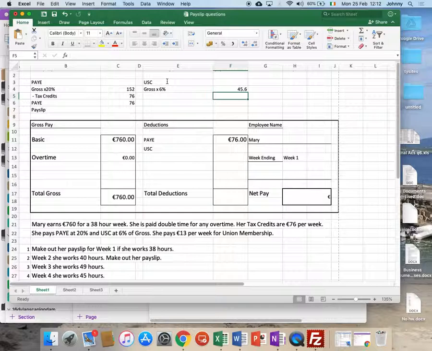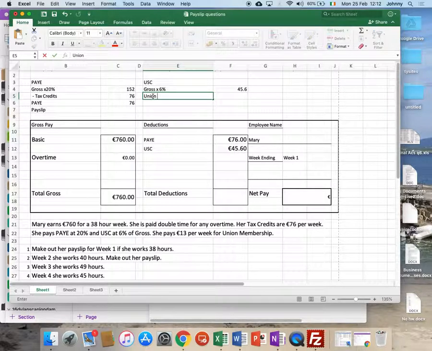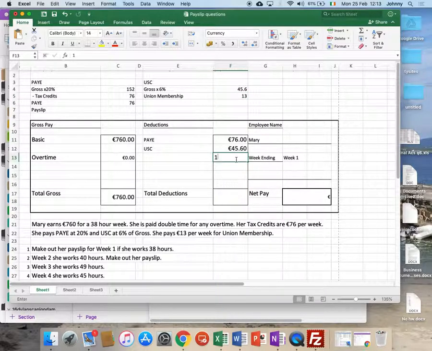Is it okay there? So that's my USC, so I'll put that in here. So the number I calculated above goes in here. And are there any other deductions here? She pays €13 a week for union membership. So I'll say union membership, €13. So that goes straight in here as a deduction.